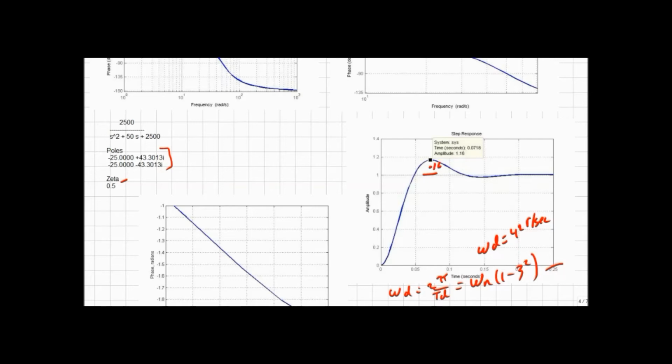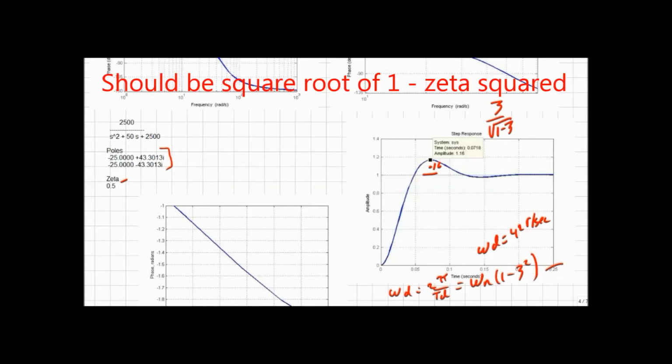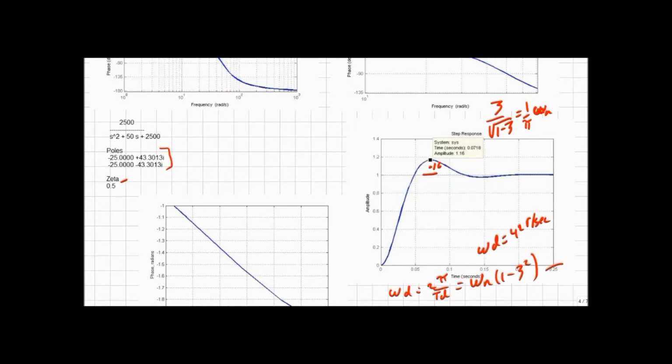And I know that zeta over the square root of 1 minus zeta squared equals 1 over pi omega n times yf minus y0. That's the final versus the initial over the overshoot.